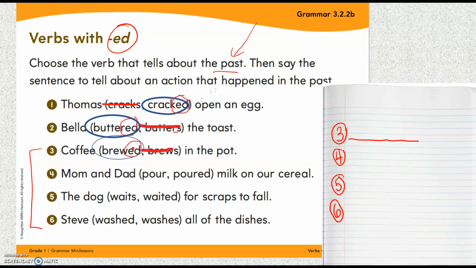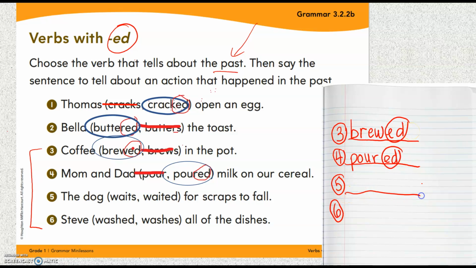So in your notebook, you should have written the word brewed and circled that ed ending. What about number 4? Mom poured milk on her cereal. I'm looking for that ed ending because it happened in the past, so it cannot be pour. And so for your number 4, you should have written poured and circled the ed.